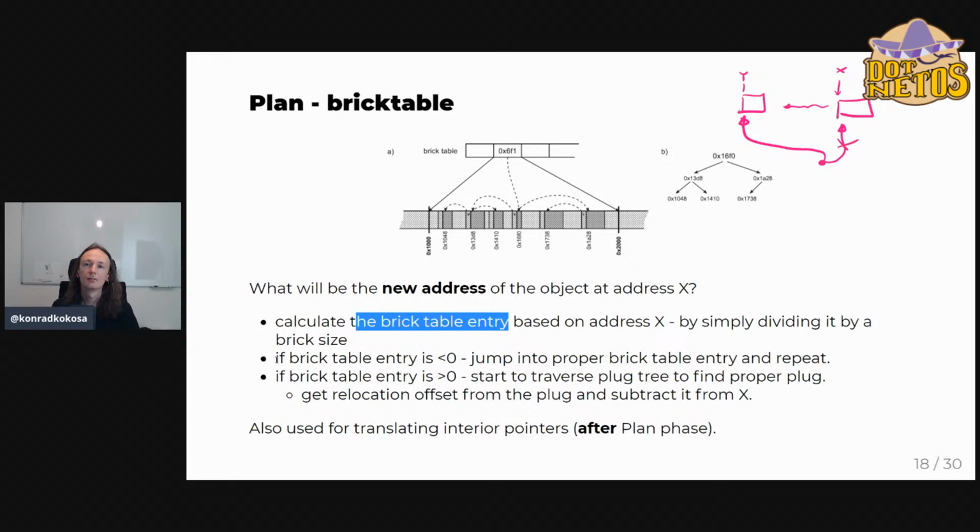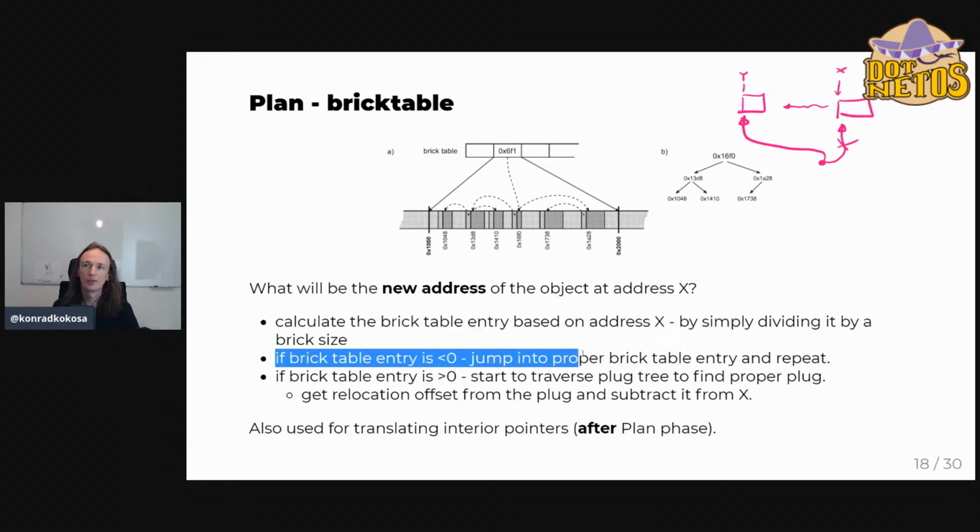Then there is an edge case that I need to mention: if the brick table entry is less than 0, it means that we are considering a brick entry with a plug so big that it spans over this brick, and in general it is the end of a plug that started in one of the preceding bricks.